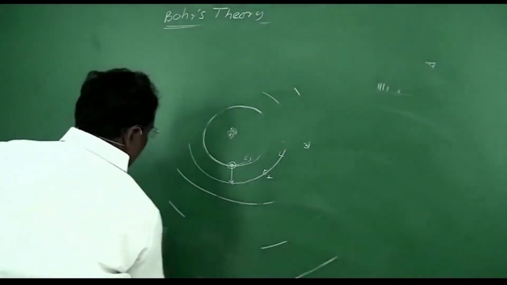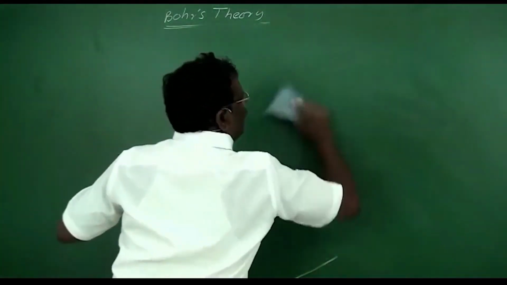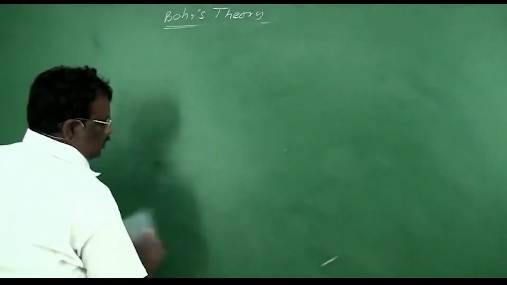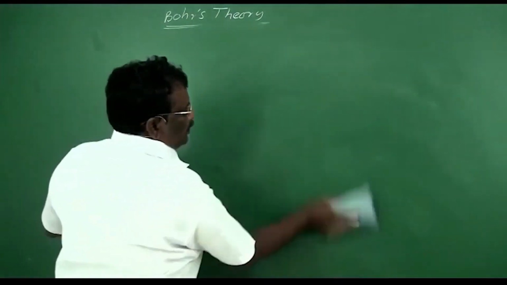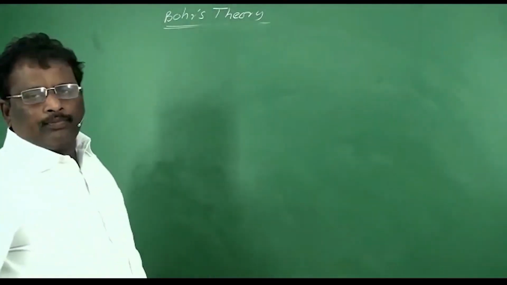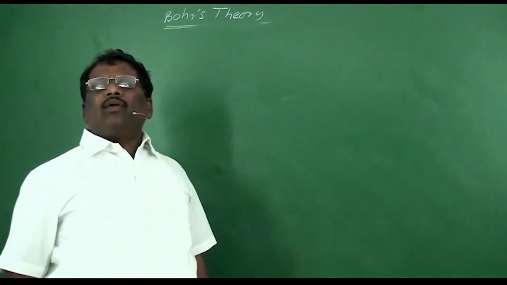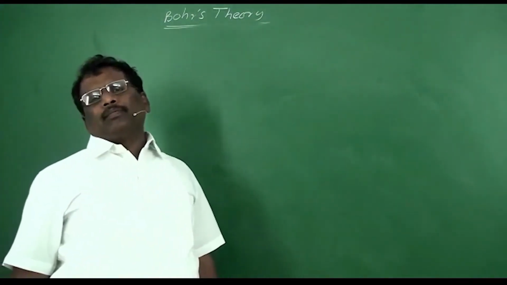We know when an object is there, it will have mass. When it is moving, it will have velocity. So when an object is in motion, we consider momentum, mass and velocity. When an object is moving in a circular path, it will have an angular momentum.